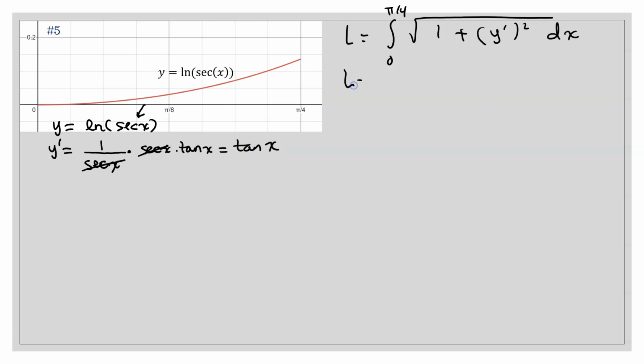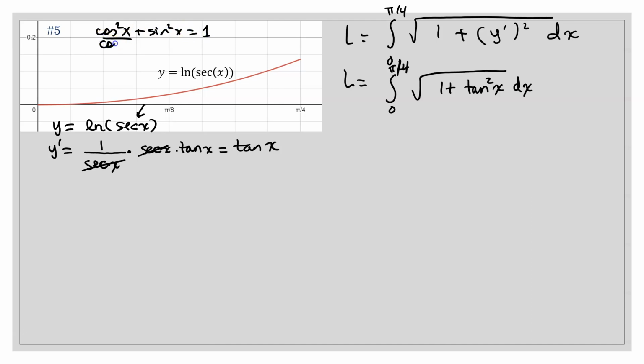So then the length, as we see here, is the integral from 0 to pi over 4, square root of 1 plus tangent of x squared dx. Now, if we remember the Pythagorean theorem, cosine square x plus sine square x equals 1.